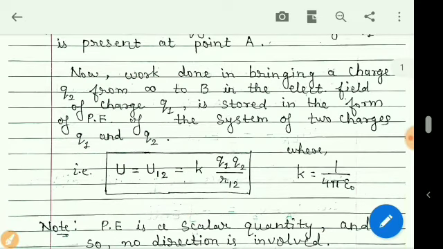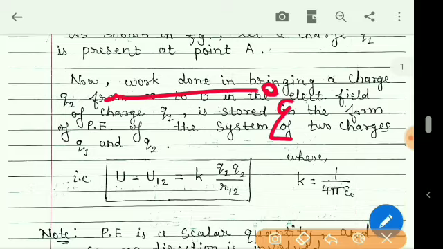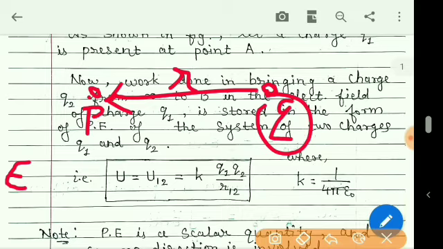Also about electric field and potential. Electric field and potential are related to only a single charge. So here, if I put any charge Q and at distance r I choose point P, then at this point P there is an electric field due to this charge, which is given by E is equal to KQ by R square.